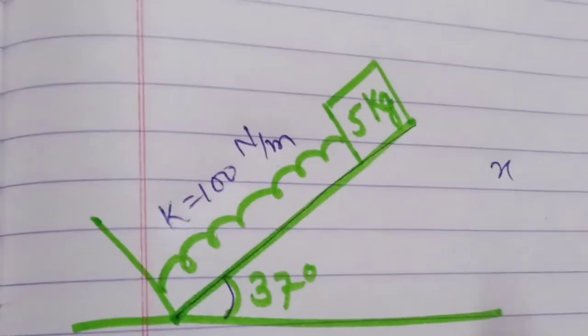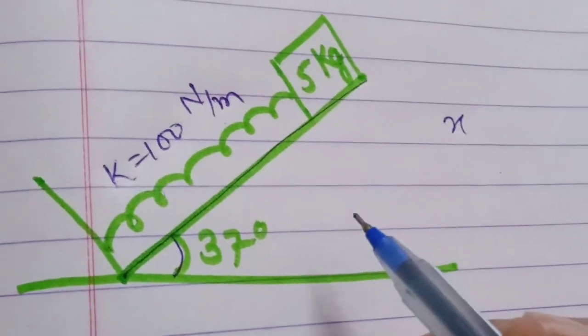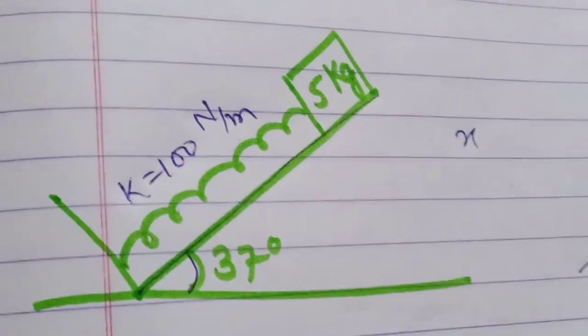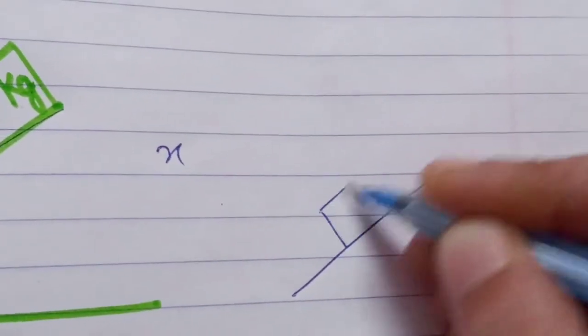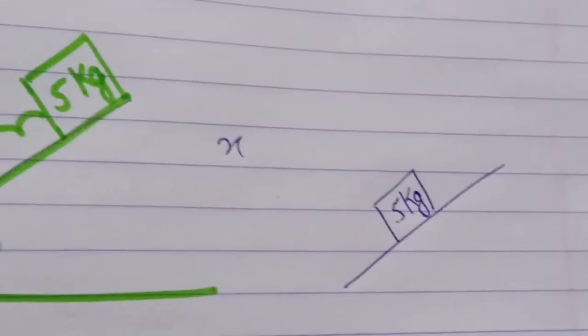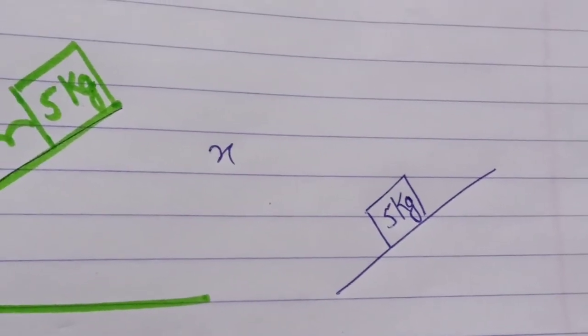Means find the compression on the spring. Okay, for this first we draw the FBD of the 5 kilogram block. This is the 5 kilogram. If you want to know how to draw the FBD on inclined plane, click on the I button.